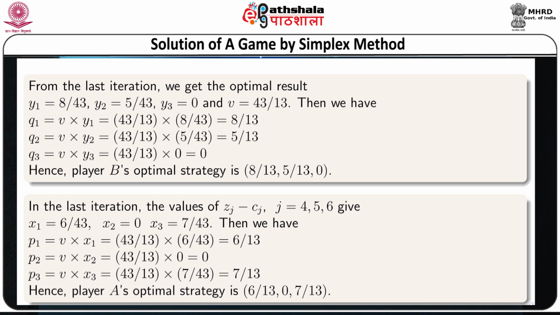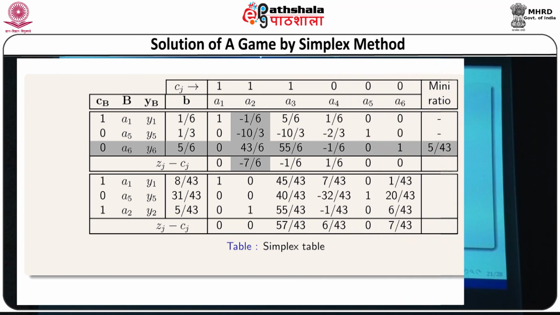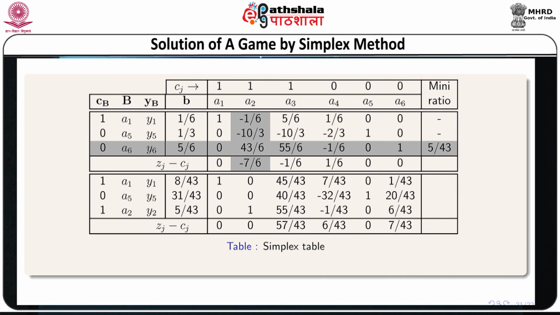Then the optimal results for player A can be directly obtained from the table. We can get the values of x1, x2 and x3 from the last iteration corresponding to the zj minus cj values under the columns A4, A5 and A6.